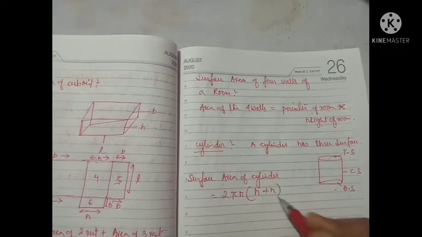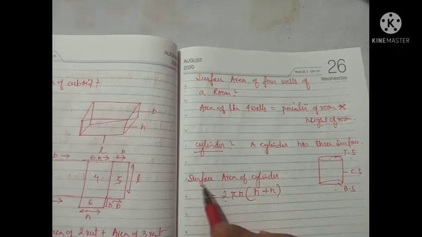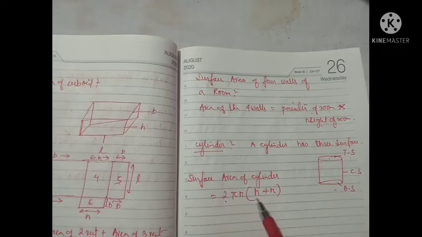This is the formula to find the area of the given cylinder.